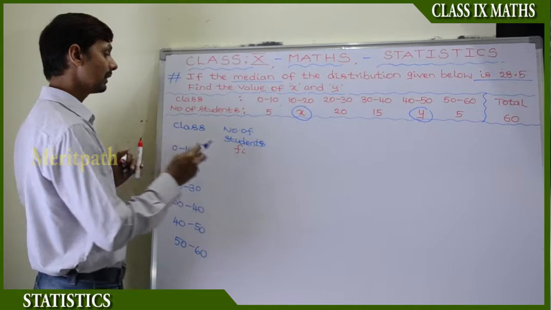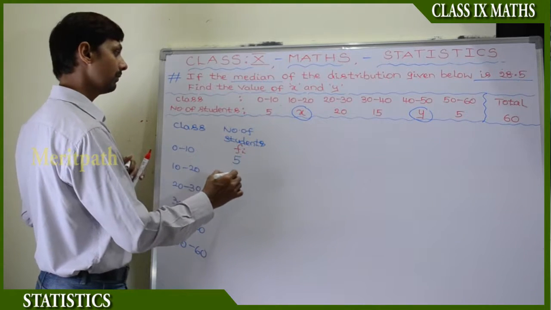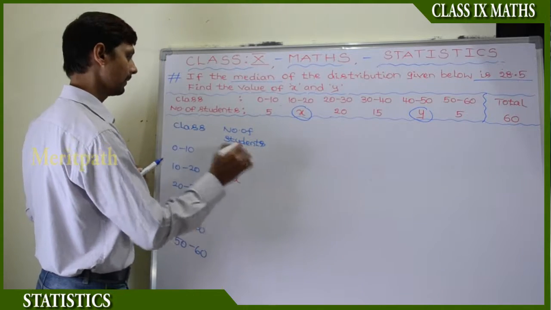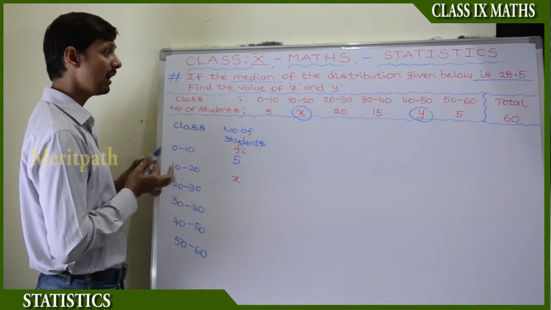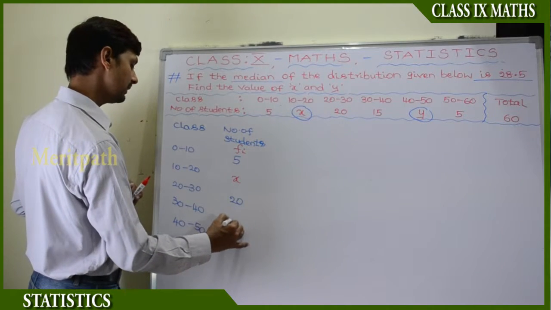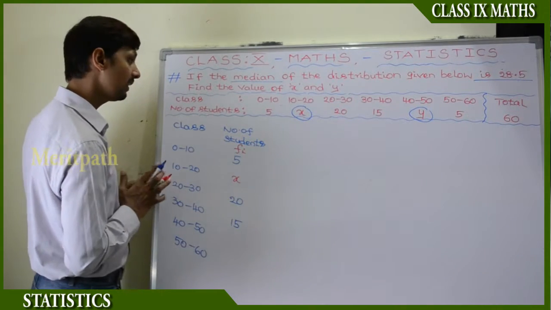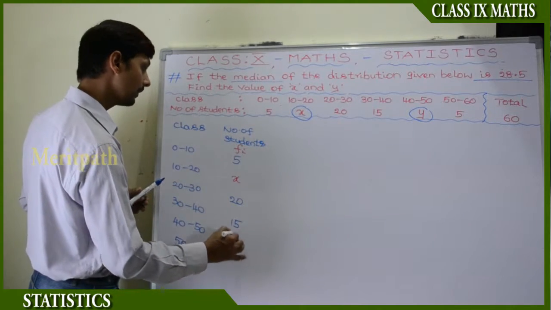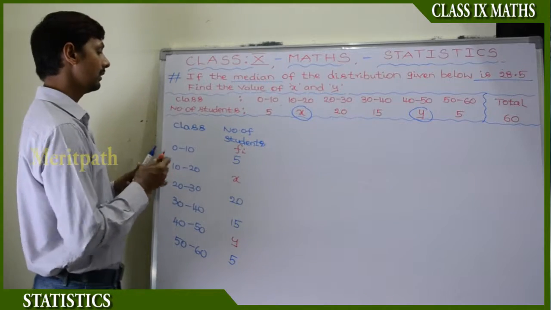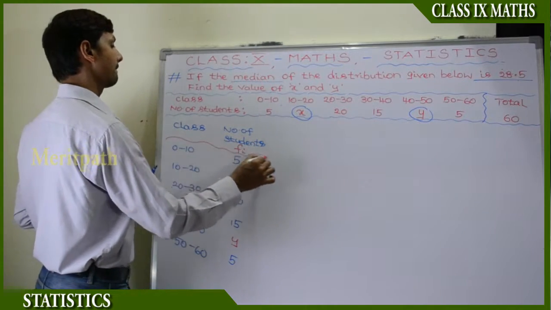The frequencies given here are: first 5, next the missing frequency x, then 20 and 15, then the other missing frequency y, and the next frequency is 5.